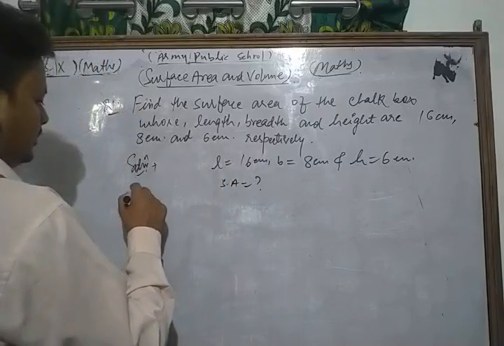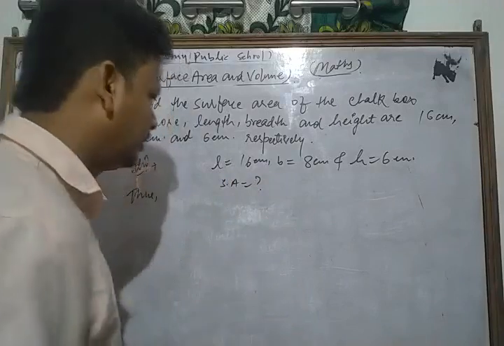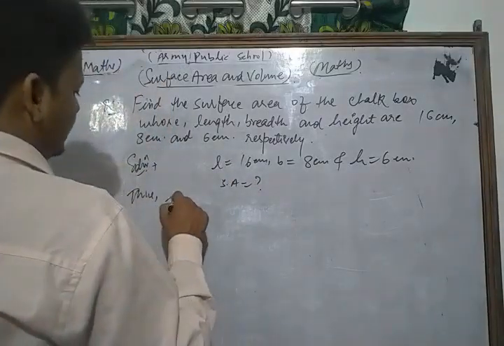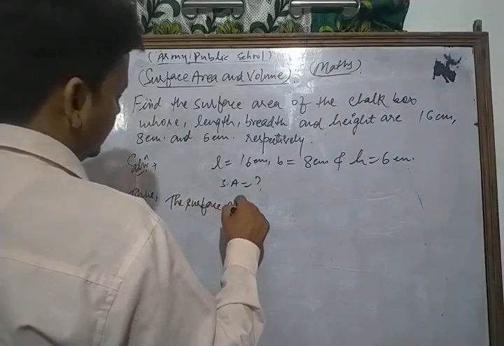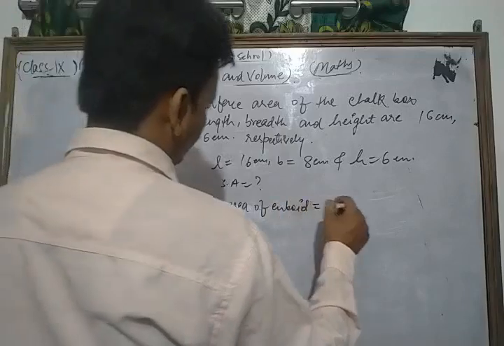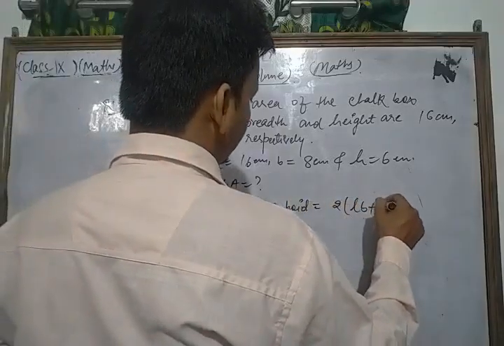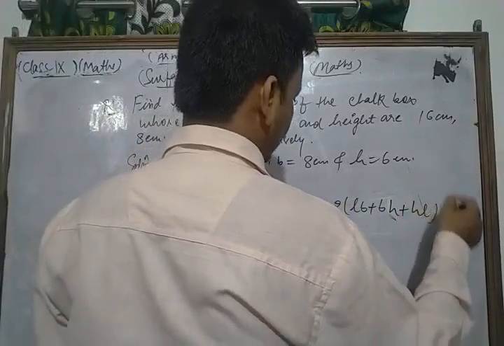So we use the formula we just discussed. The surface area of a cuboid is 2 into LB plus BH plus HL respectively.